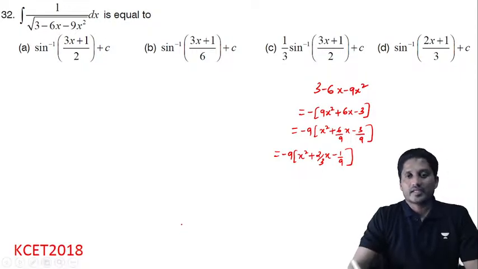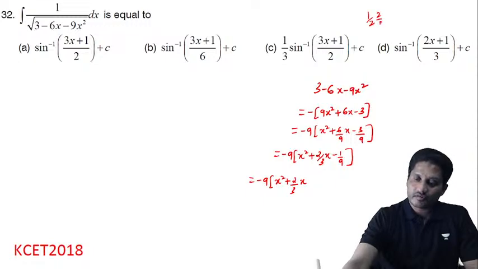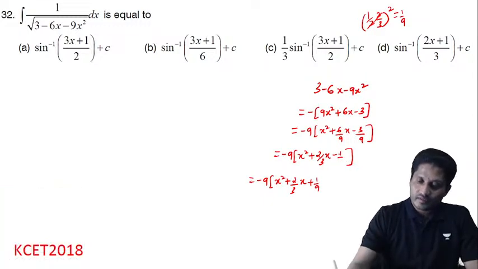Now we'll add and subtract the square of half of the coefficient of x. Half of 2 by 3 is 1 by 3, and the whole square is 1 by 9. So I add 1 by 9 and subtract 1 by 9, and minus 1 by 3.